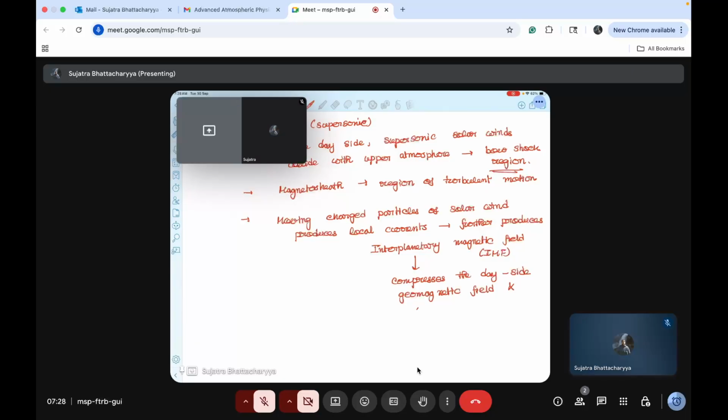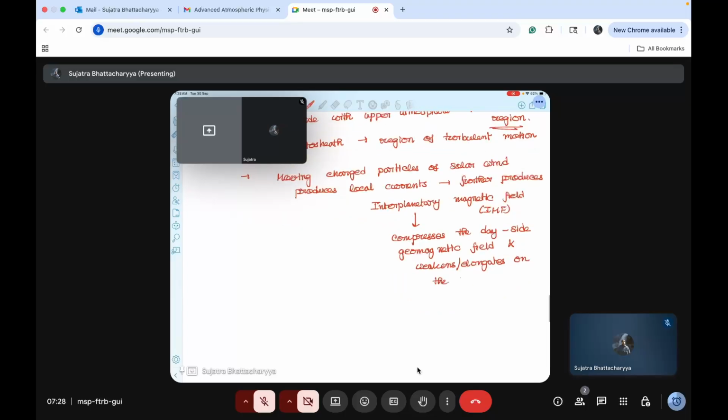And it weakens or elongates on the other side. This is called the magnetotail, or magnetic tail, you can say.